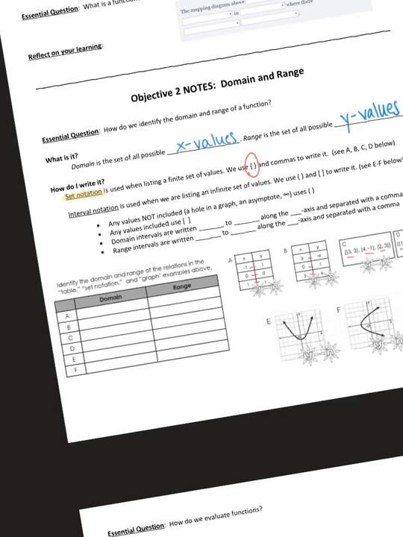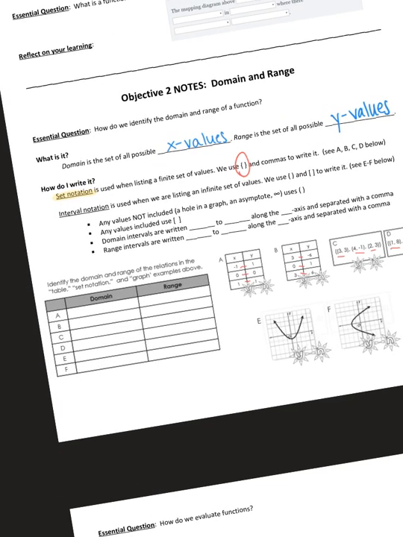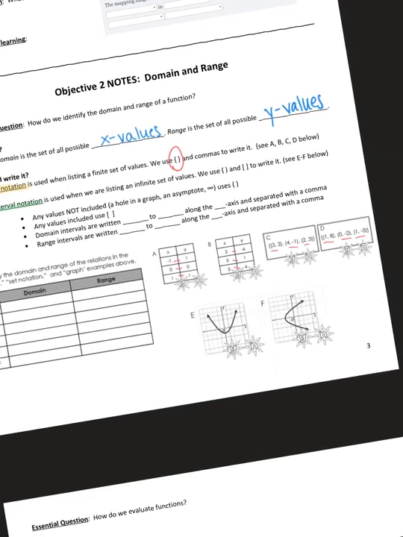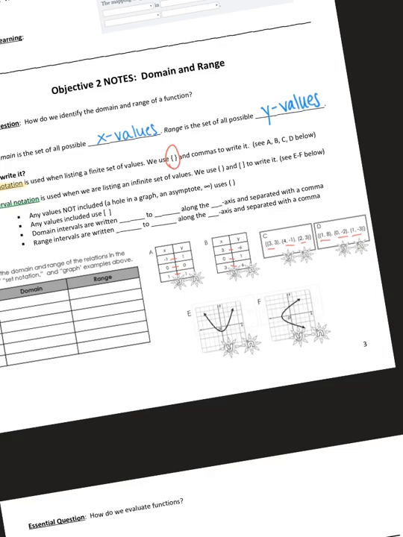All right, and that's different than when we use interval notation, because interval notation is when we are listing an infinite set of values. When we're talking about an infinite set of values, we're maybe looking at a graph like E and F. The reason these are infinite is that there are an infinite number of points that could lie on that line.